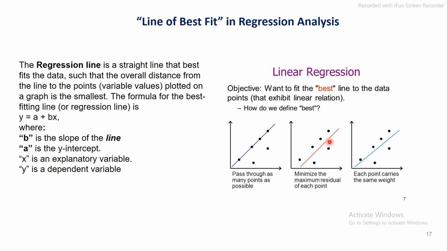If you see this line of best fit, each point carries the same weight. We can't do that manually, but as our data is maturing and we are putting in a lot of data, through Python programming we can come up with the best line of fit.